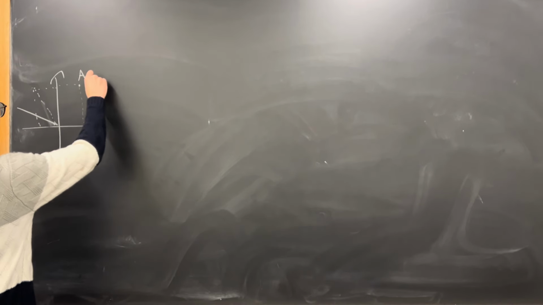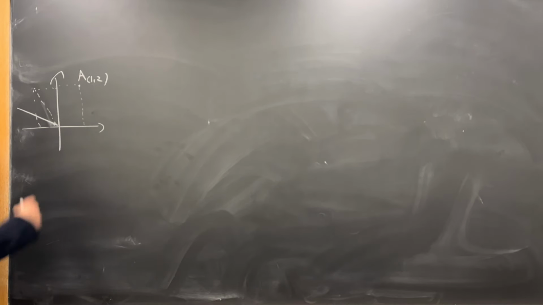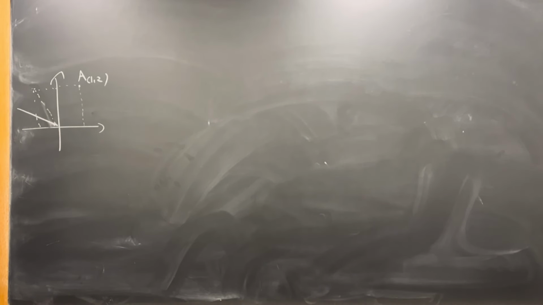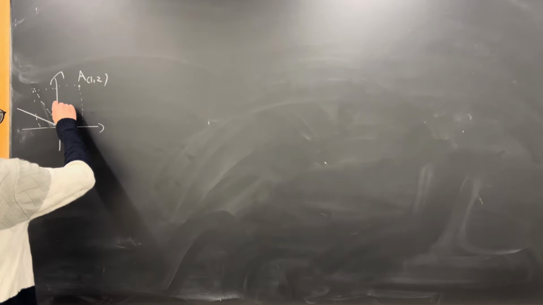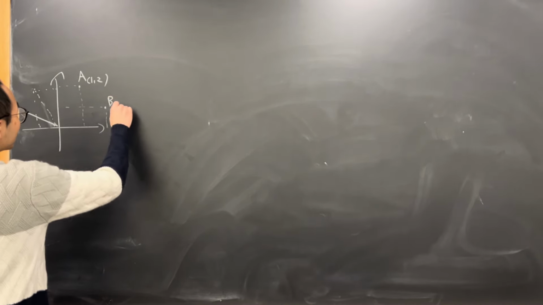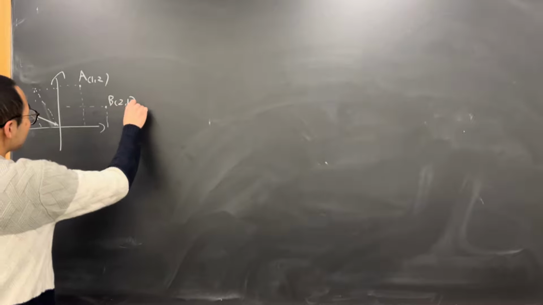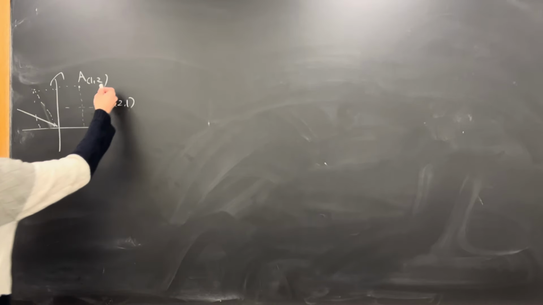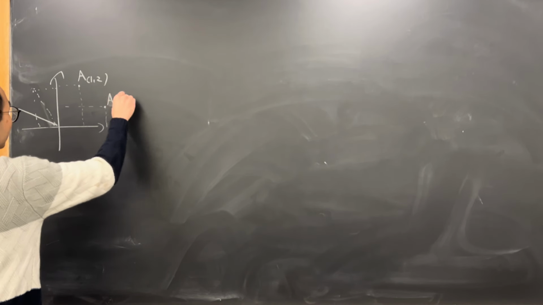Let's use A12 to denote this point with real coordinate 1 and imaginary part 2i. So there are eight points, right? This is A21. Sorry, I use the same letter A here.